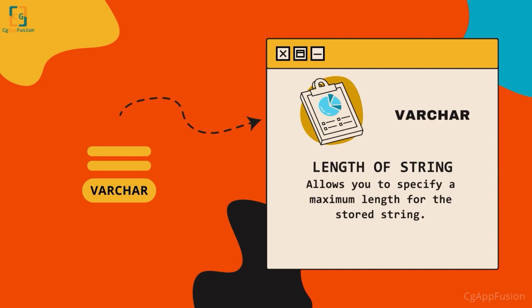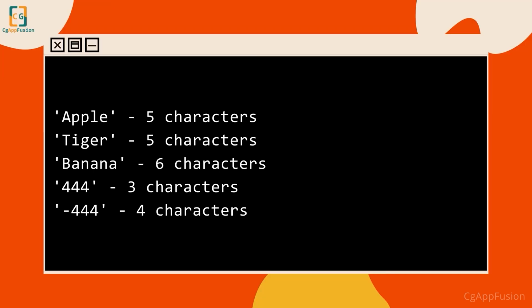For string, we have varchar, which is a variable length string. When I say variable length, that means we can specify how many characters are allowed in our column. For example, we have apple, tiger, banana. So apple has 5 characters, tiger has 5, and banana is 6.